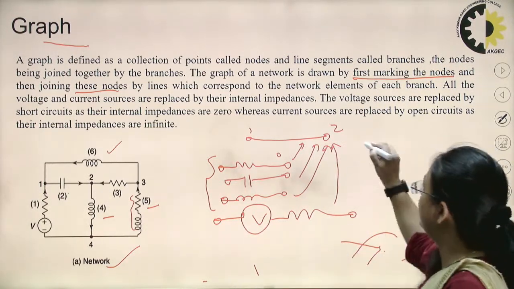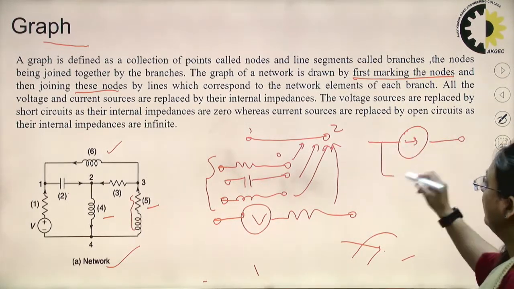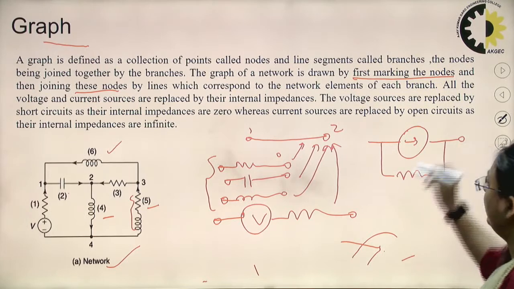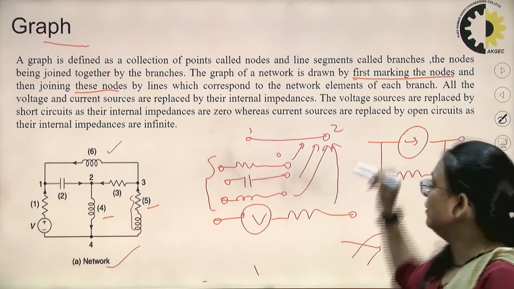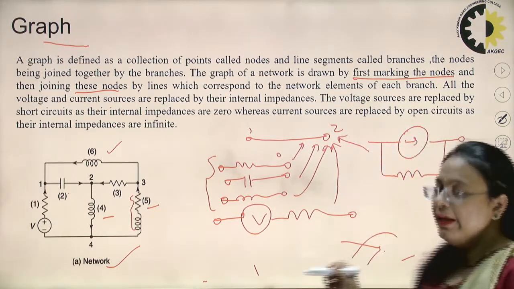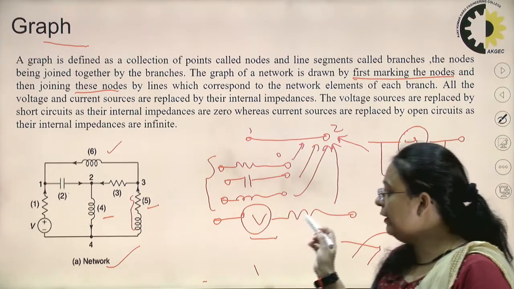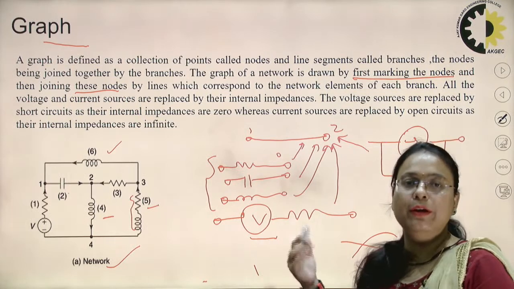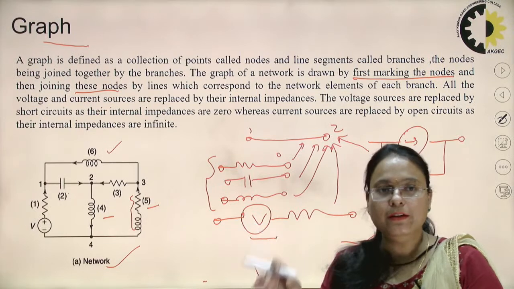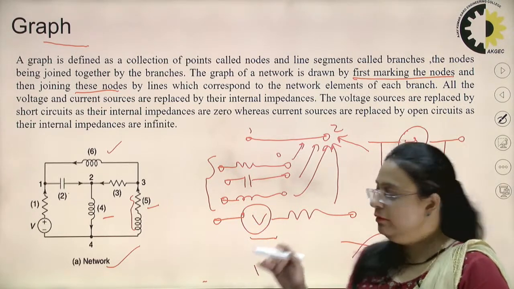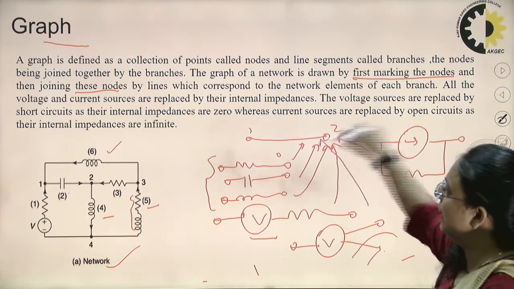Similarly, if there is a current source and it is having any resistor or inductor or capacitor in parallel, then I can represent it with a single branch here. And if a voltage source does not contain any inductor, resistor or capacitor in series with it, right, then we can consider the internal resistance of that voltage source, and that single voltage source is also represented by a single branch.